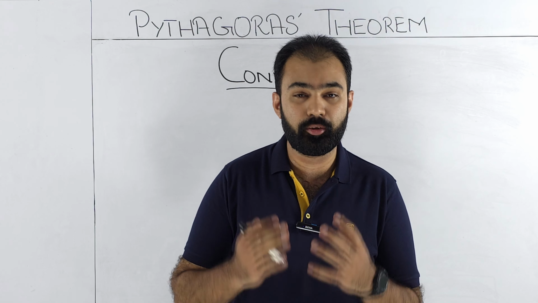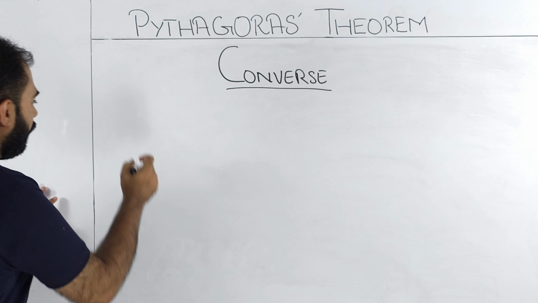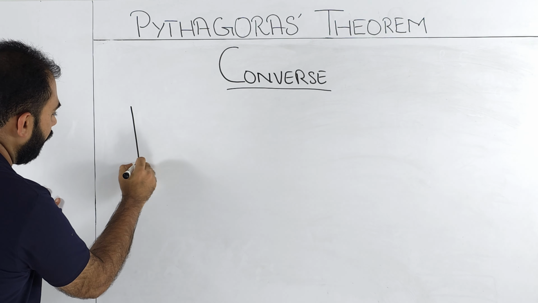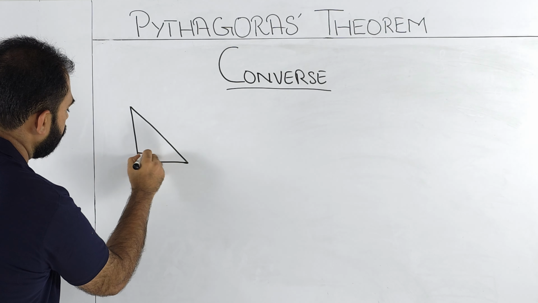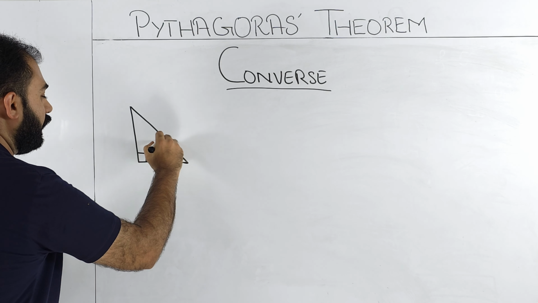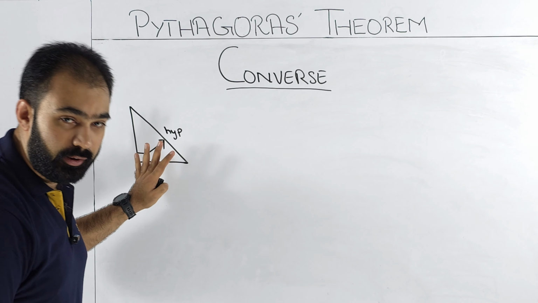Let's talk about converse of a Pythagoras theorem. Now, Pythagoras theorem says that if I have a right angle triangle, the length opposite to the right angle is hypotenuse and it is the longest length.